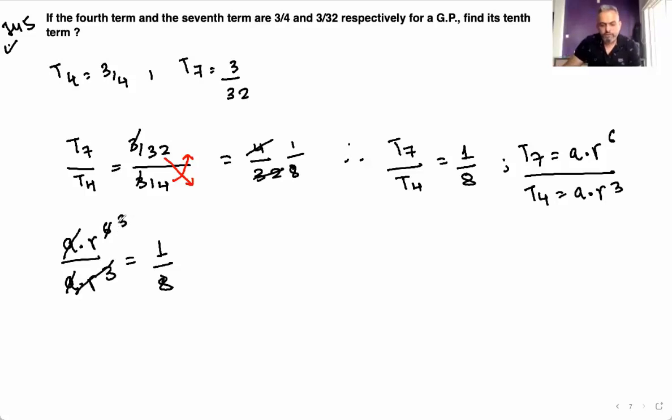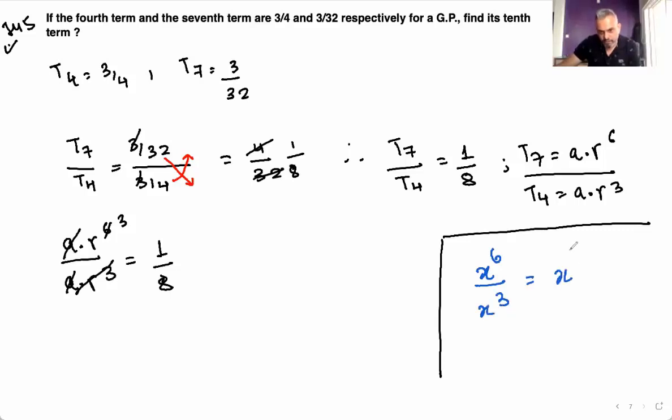Now pay attention, this is important. Here don't do 3 2s are 6, because there is a rule. Please pay attention, all children. The rule is x raised to 6 upon x raised to 3 is equal to x raised to 6 minus 3, which is equal to x raised to 3.